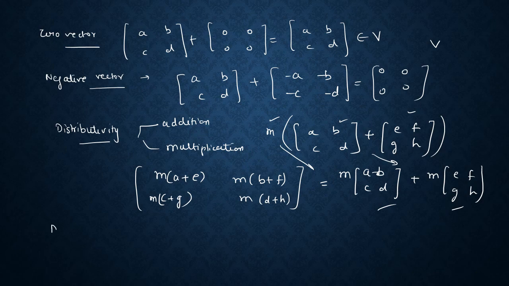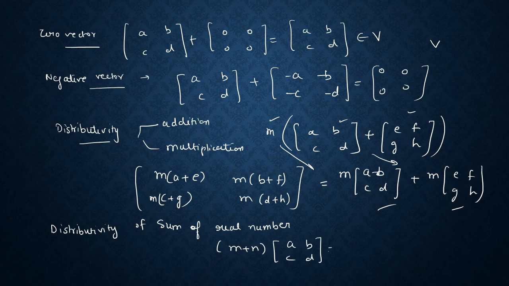Then you can have distributivity for the sum of real numbers. In this, what you have to do is simply take two scalars, any two real numbers, and one matrix, and then distribute it, like m plus n with a, m plus n with b, m plus n with c, m plus n with d, right?